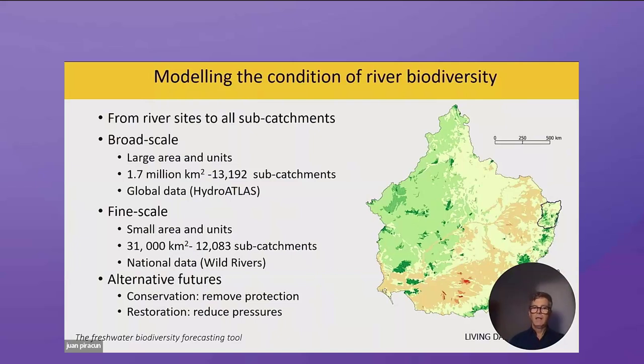One is the broad scale with large spatial units, a total of about 13,000 catchments, using disturbance data and environmental data from the hydrographical database. The other is a fine scale tool covering a smaller area. The area shown here on the right is the far north coast of New South Wales, 31,000 square kilometres, roughly the size of Belgium, and we use national data from the Wild Rivers project.